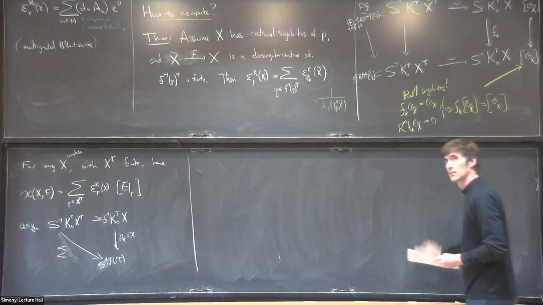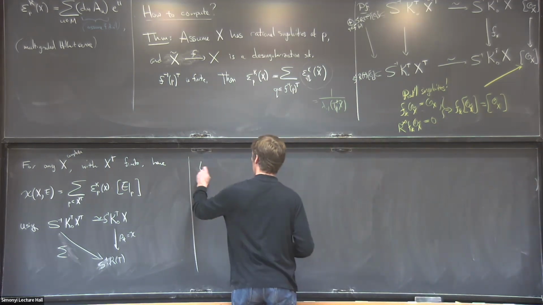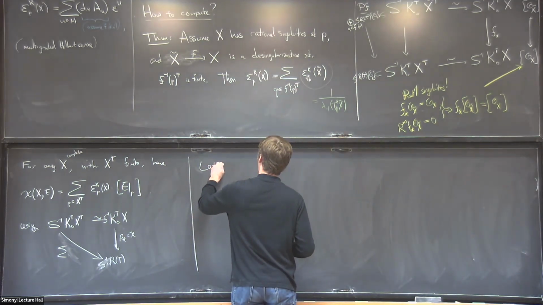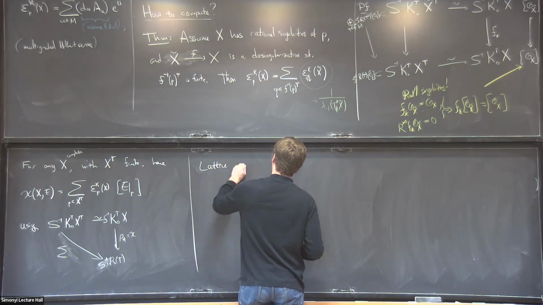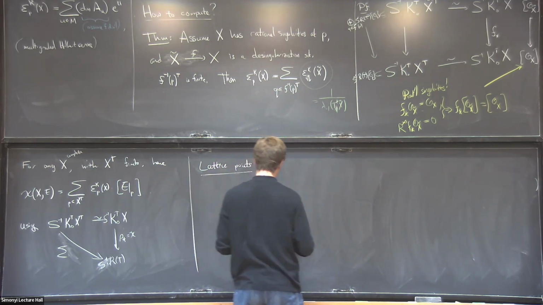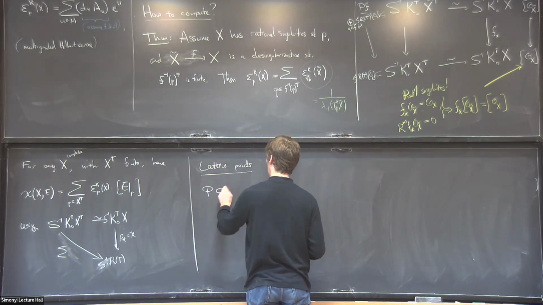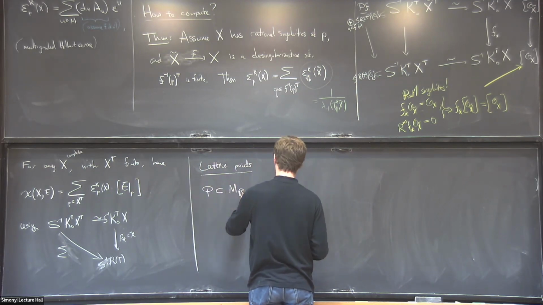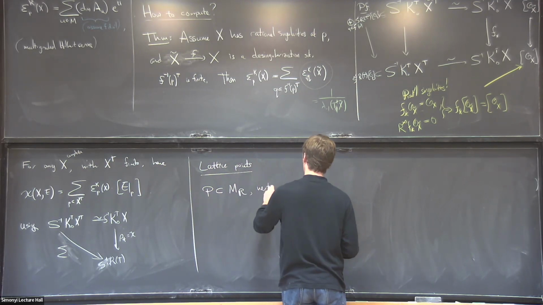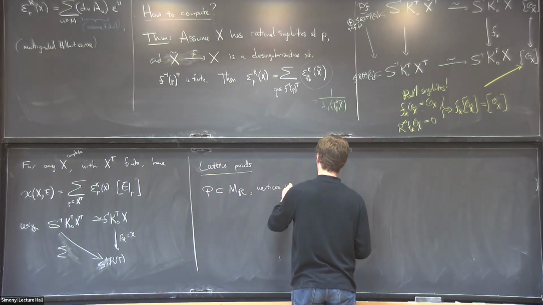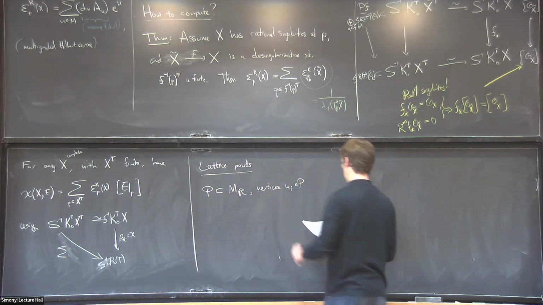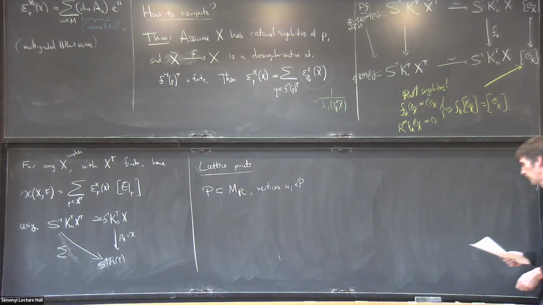Okay, so let's do things about lattice points. So we have a lattice polytope with vertices u_i.